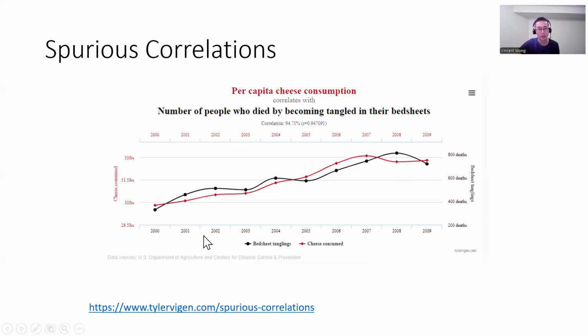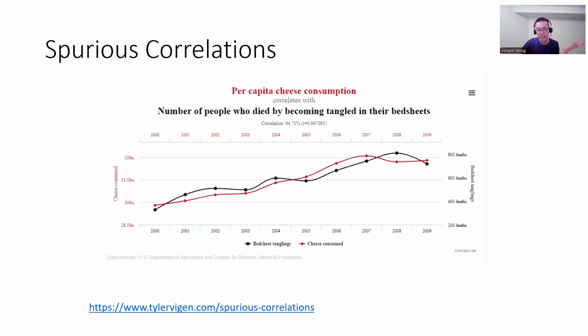For example, in the red graph here, it is per capita cheese consumption, how much cheese people eat basically in a country. And then the black line is the number of people who die by becoming tangled in their bed sheets. Apparently that happens. So there is a correlation of 94.71%. That's actually really, really high. You can see the two lines are very close to each other.